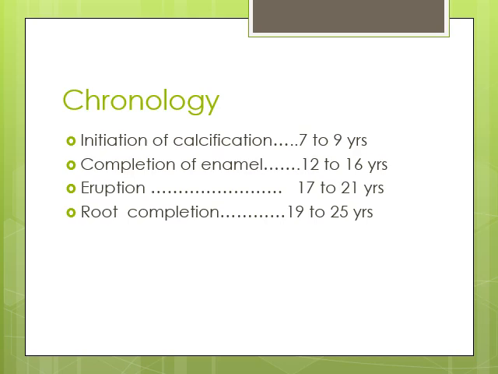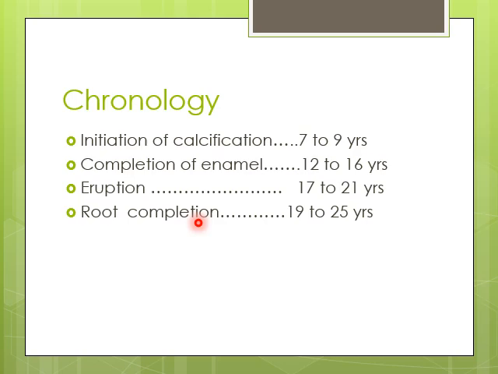Enamel completion takes place at 12 to 16 years of age, and we can see the eruption in the oral cavity at 17 to 21 years of age. There is a lot of variation in the eruption age of the third molars.